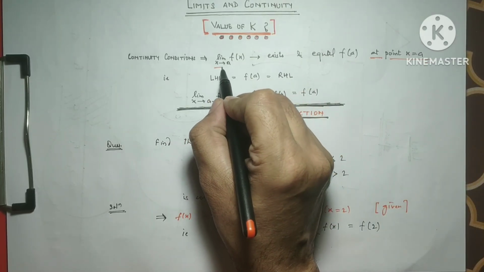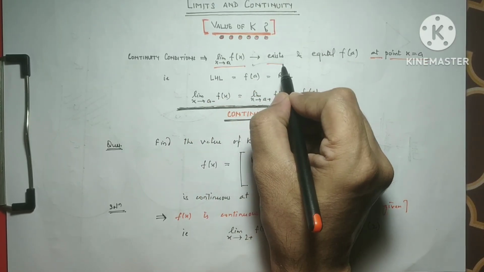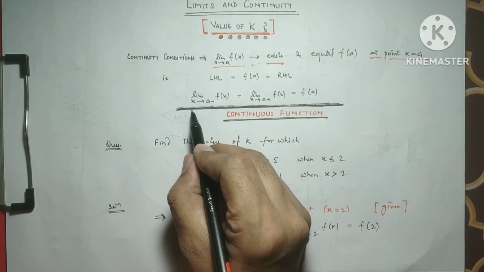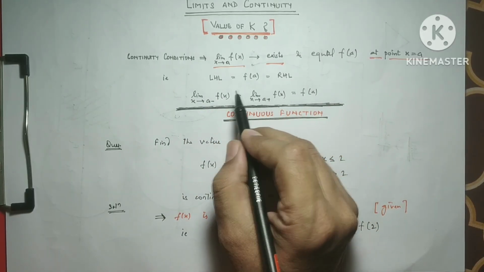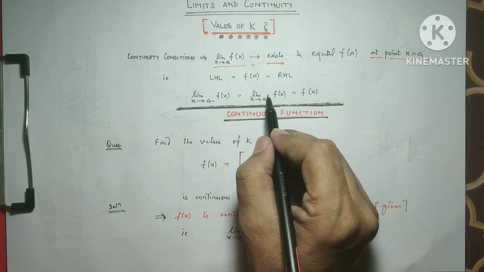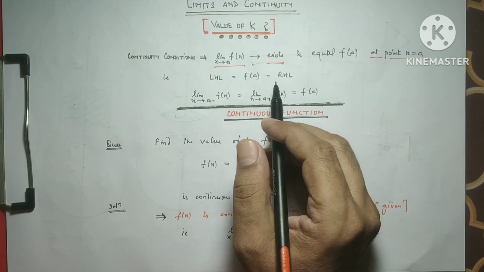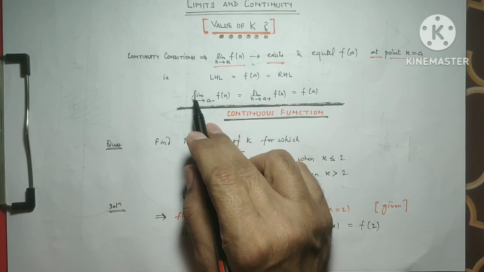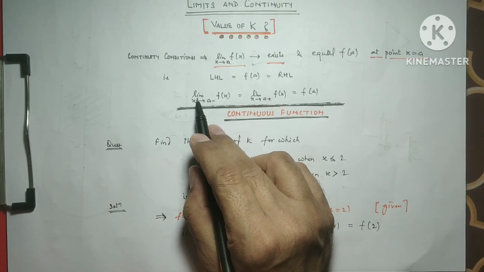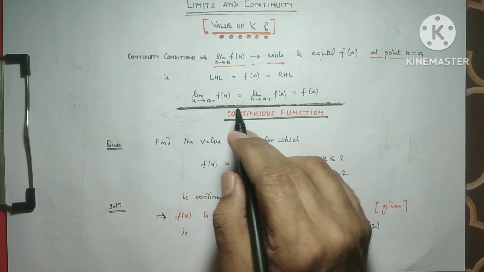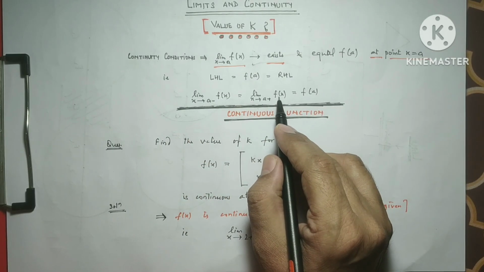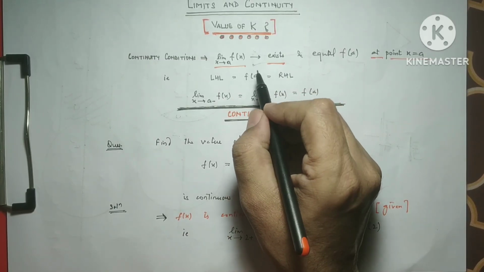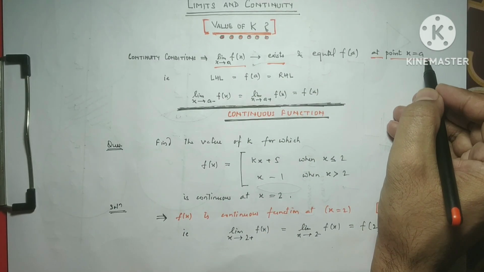If this function exists, it has these two values, right hand and left hand limit, and both are equal. And we can collect the value of function at point a.